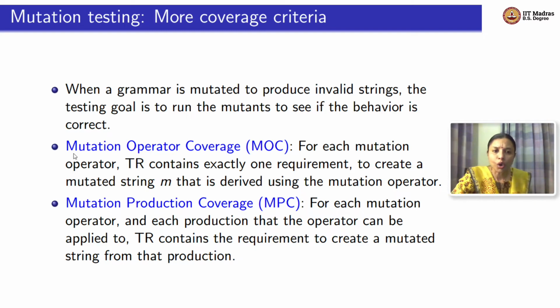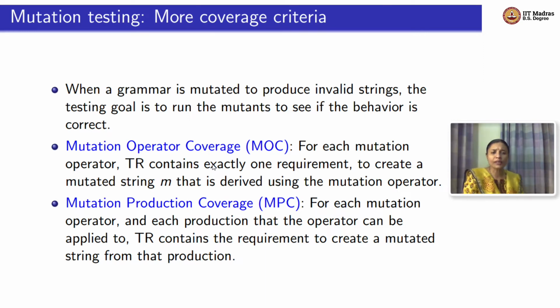For mutation operator coverage, we say for every particular mutation operator, the test requirement contains a mutated string that comes as a result of applying that mutation operator. Typically, for a normal programming language, there are hundreds of mutation operators. So mutation operator coverage is not an easy requirement, and typically you don't apply all the mutation operators together.